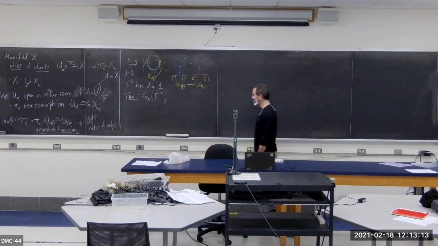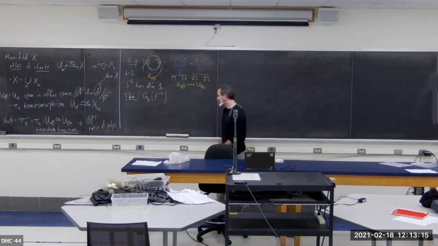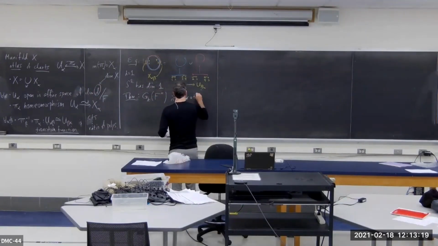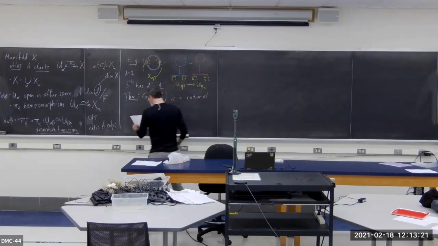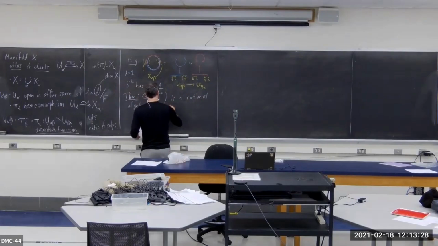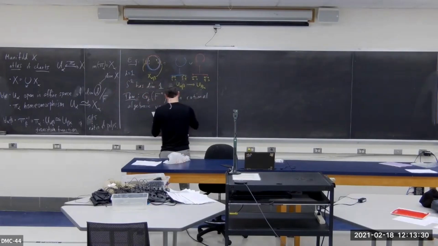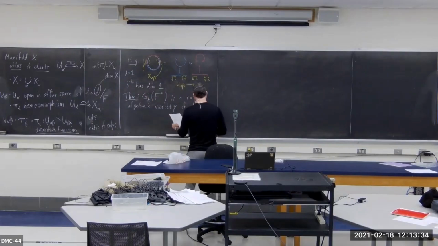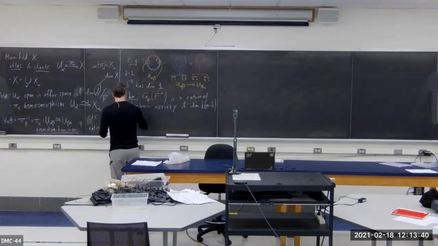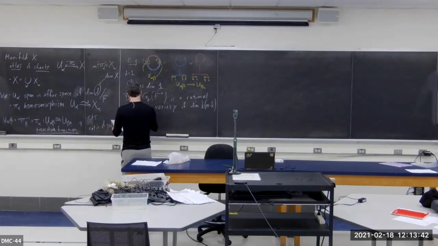The set of k-planes in n space is a rational algebraic variety of dimension k times n minus k with an atlas that we've already seen.